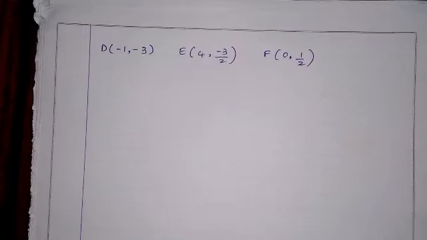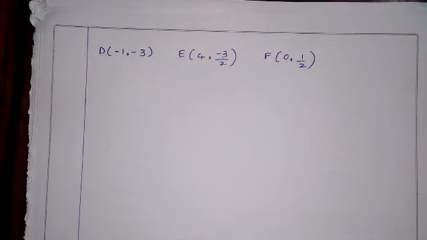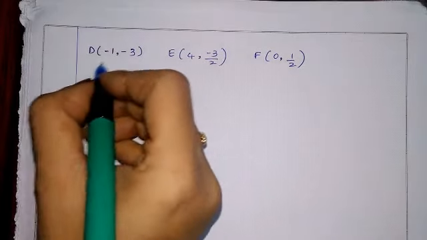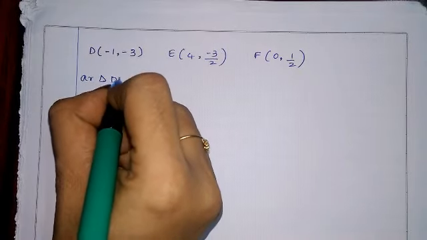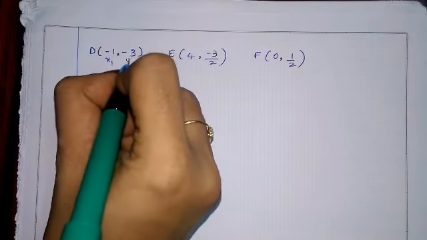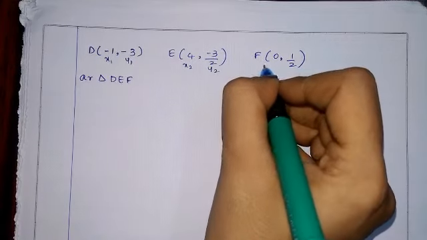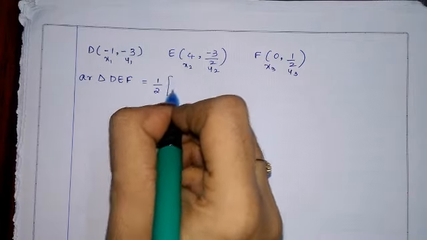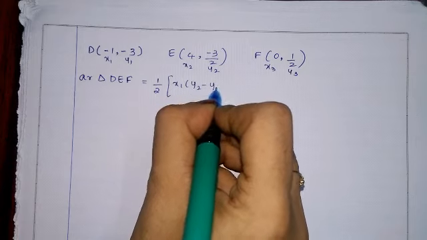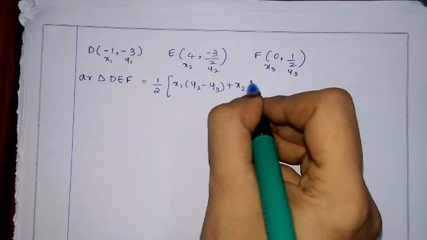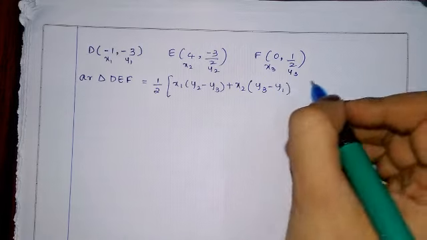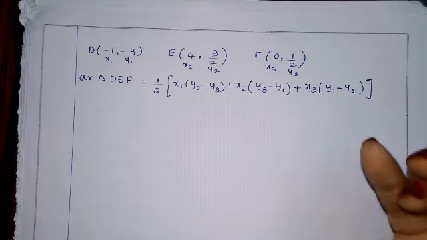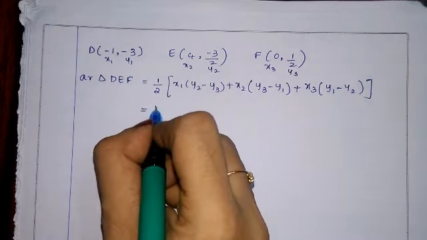We will find the area now. So here we have got D, E and F points which we have found. So we have to find the area of this triangle now. Area of triangle DEF. First point is x1 y1, x2 y2 and x3 y3. We know the area of triangle formula: half x1 times y2 minus y3 plus x2 times y3 minus y1 plus x3 times y1 minus y2. So this is the formula. Now let us substitute.